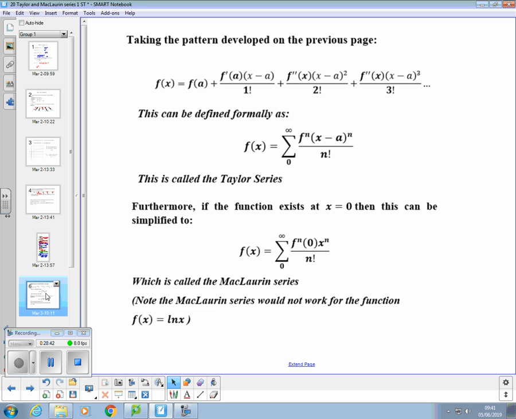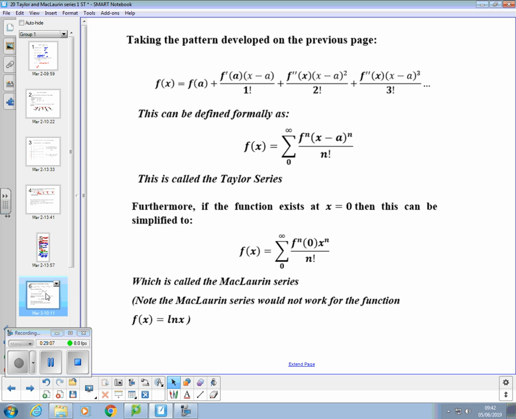Furthermore, if the function exists at the value x equals 0, which a sine function does, and a cosine function does, whereas ln of x doesn't exist at 0, we can simplify that power series to here.